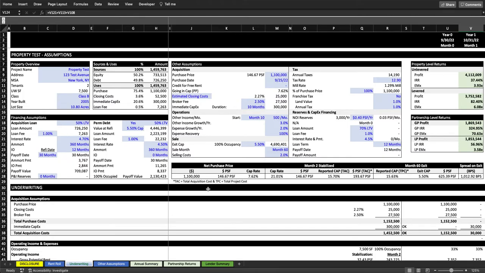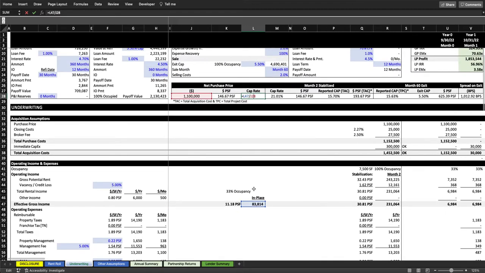Down here, you'll just see some general metrics, right? You've got, based on your net purchase price, this will show you what your going-in cap rate is. It's taking the in-place effective gross income. And what is the in-place effective gross income? It is what's in place when you buy the asset, if there are any current leases.